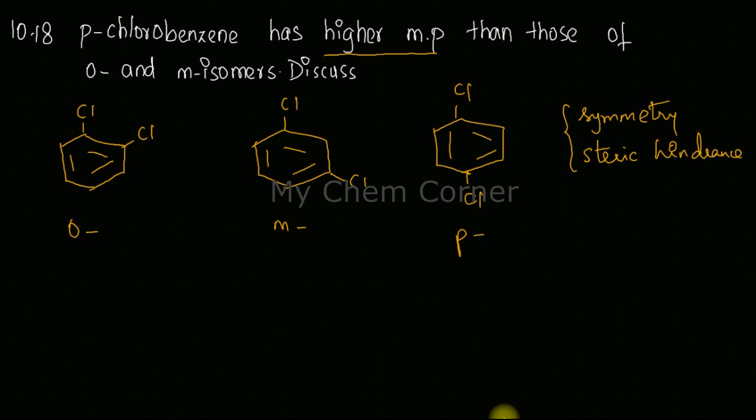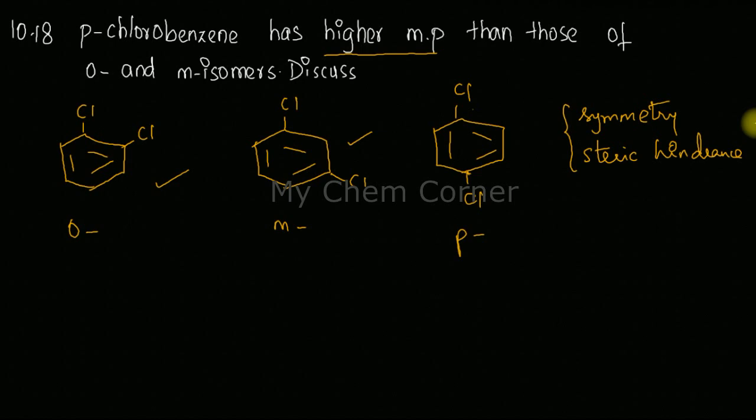So if we're talking with respect to symmetry, ortho and metachlorobenzene do not have symmetry, whereas parachlorobenzene, the molecule itself, has symmetry. And when it has symmetry, they will exactly fit into a crystal lattice and the packing will be a close packing. Because of that, it is very difficult to break the bonds in such a compound.